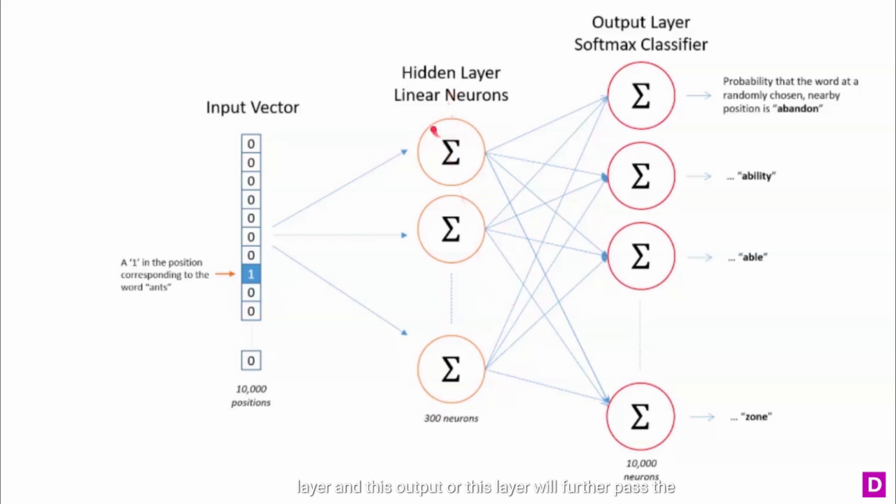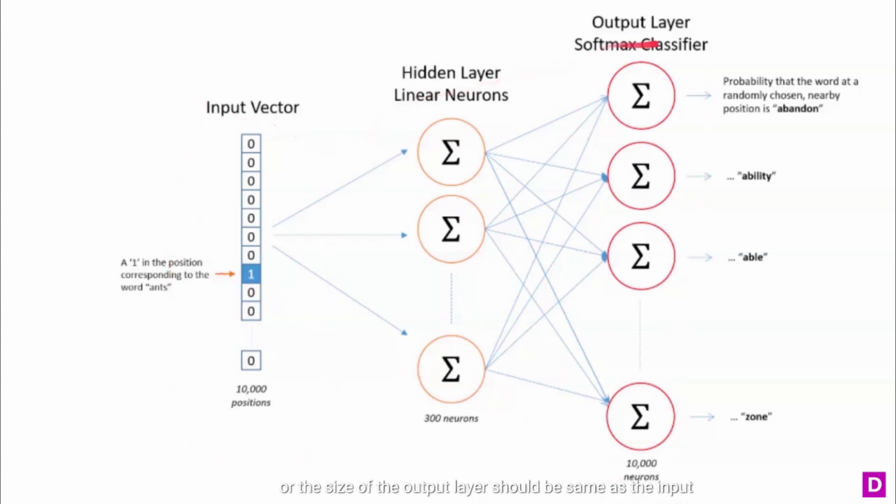The hidden layer then passes the signals to the final output layer, what we generally call the softmax layer or softmax function, where it aggregates the signals coming from the different neurons.